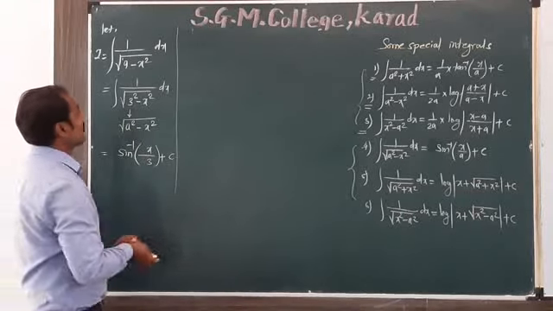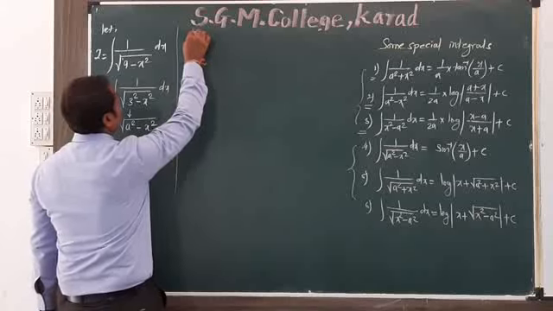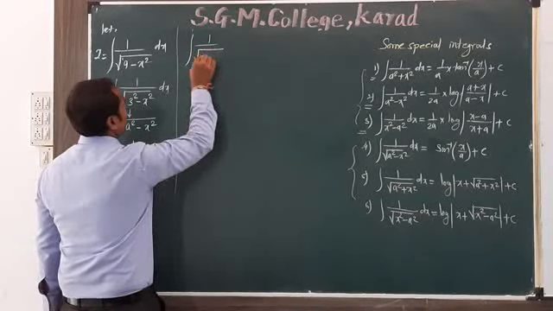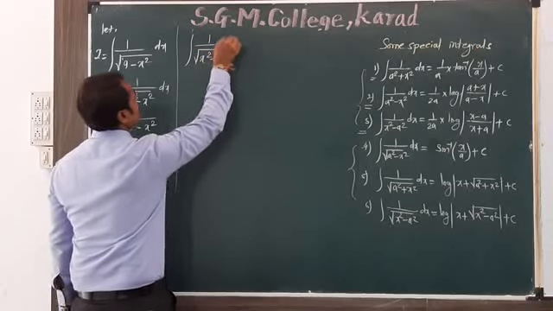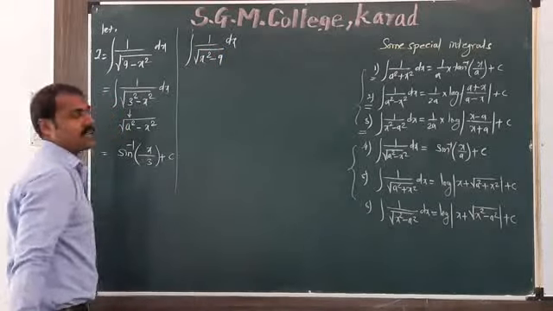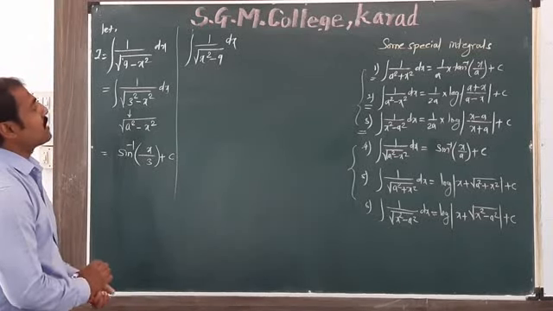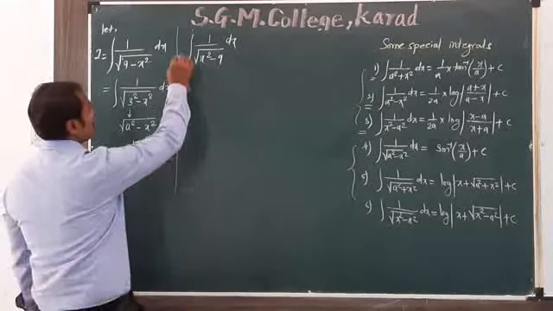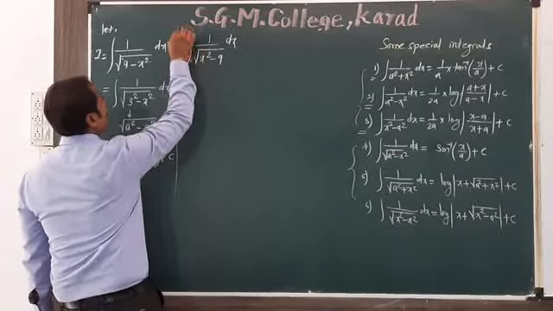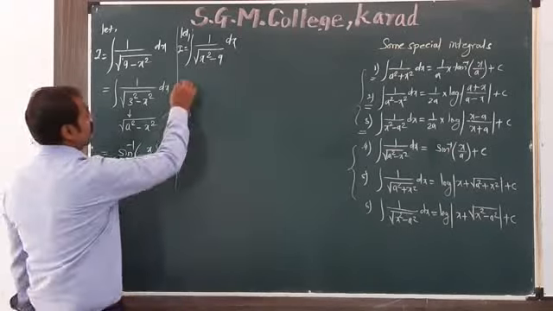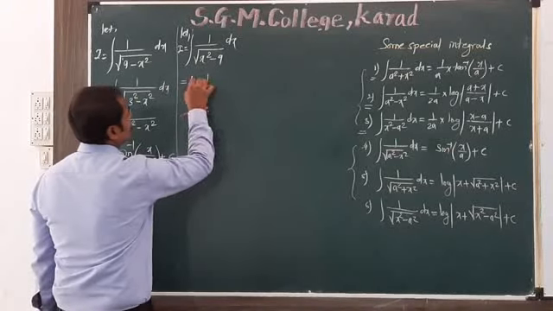Now the second example is evaluate the integration of 1 upon square root of x square minus 9 dx. First, it is an example of integration, so we denote that integration by I. Let I be equal to the integration. In the numerator there is 1.